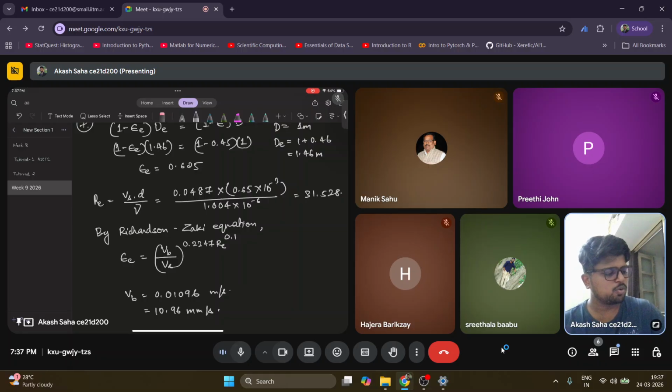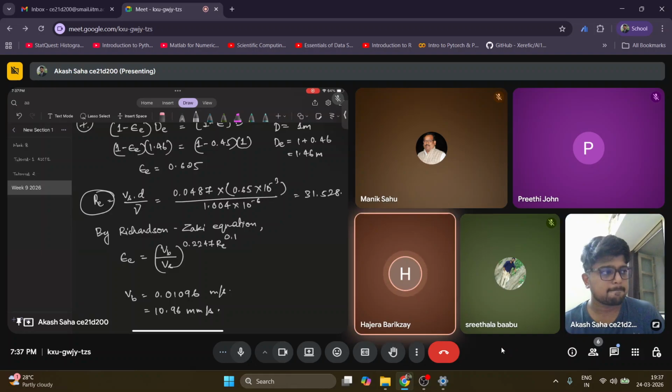Is there any way to calculate the Reynolds number in some other way based on the given equations and data? It was based on the diameter, the settling velocity, and the kinematic viscosity, that we have calculated, right?